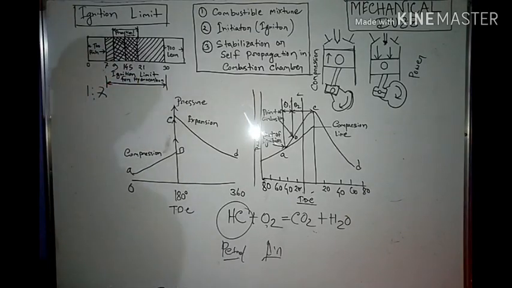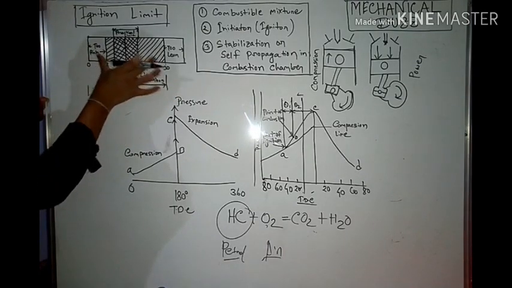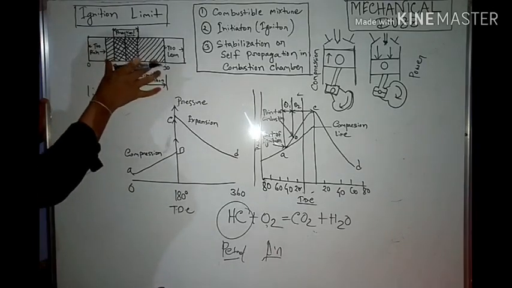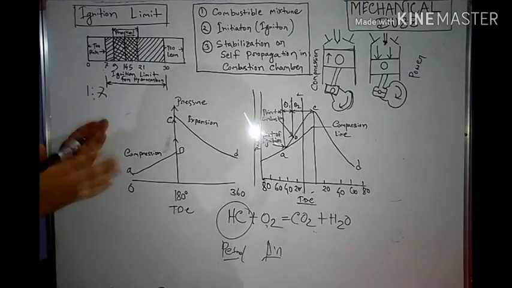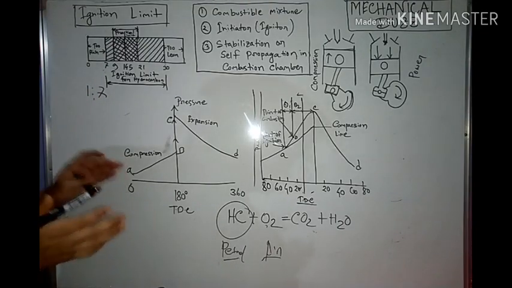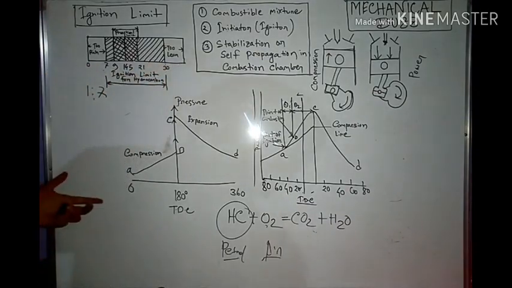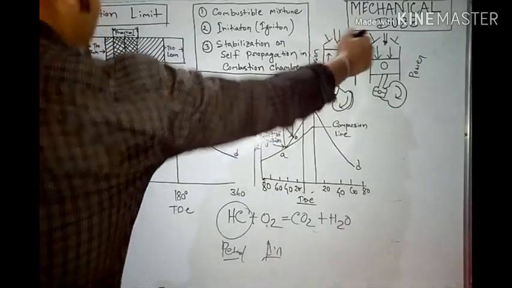From 7 to 30, ignition can take place, but not necessarily sufficiently, and sometimes it can occur at a lean mixture. I mean, the ignition can happen through the spark plug.